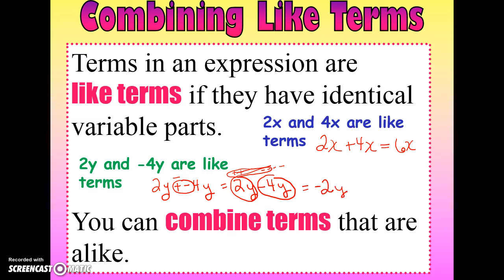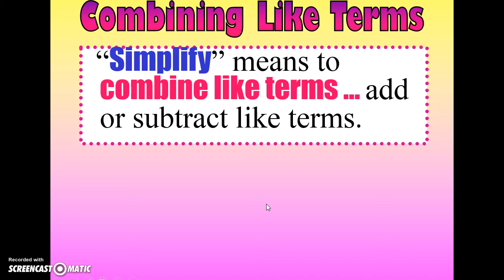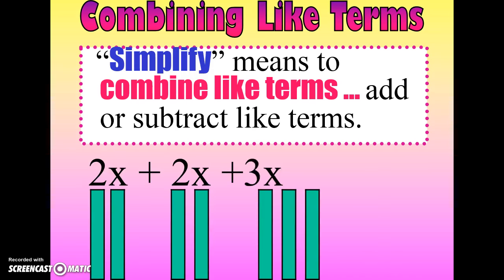On the next few screens, I'm going to show you some visuals that will hopefully solidify this. But by the end of today's lesson, we're going to just be using our rules for addition and subtraction of signed numbers. All right, simplify means to combine like terms, to add or subtract like terms. So if we look here, I'm just giving you a visual.